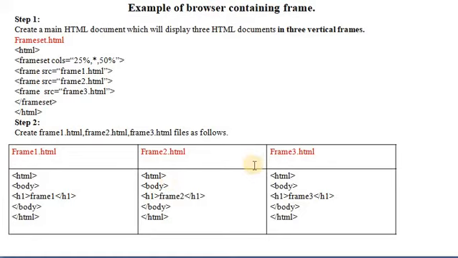Let us see the output of this program. Here we create the frame with 3 columns. First is 25%, second is an asterisk sign, and third is 50%. Means 75% we can create, and the remaining portion will be occupied by the asterisk sign, meaning any number of pixels.